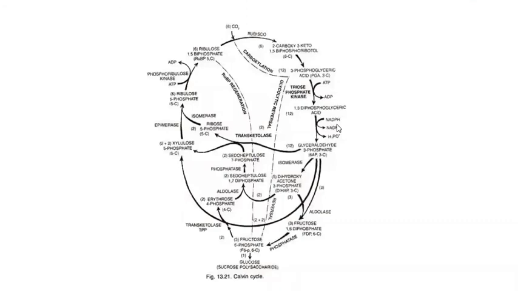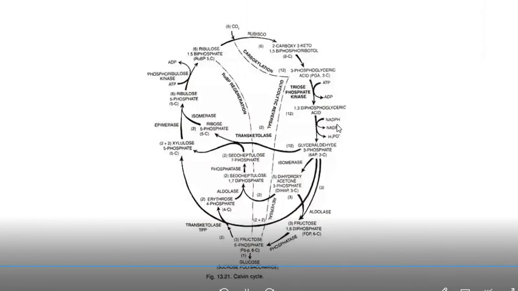From the examination point of view, sometimes the whole Calvin cycle is explained, or sometimes we explain only the regeneration phase, or only the formation of sugar. So this is about the whole Calvin cycle, in which carbon dioxide is converted into carbohydrates.